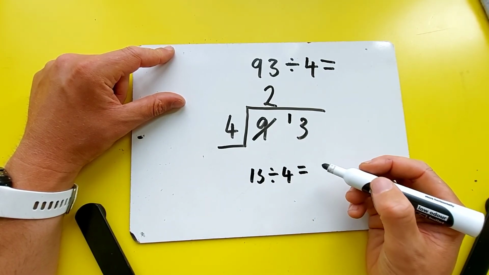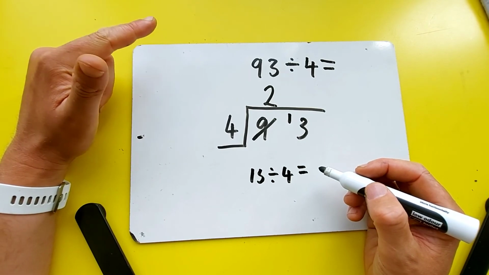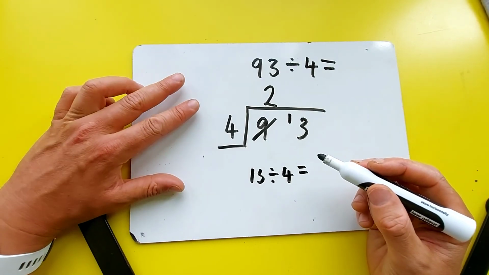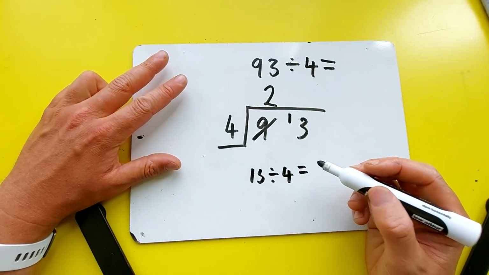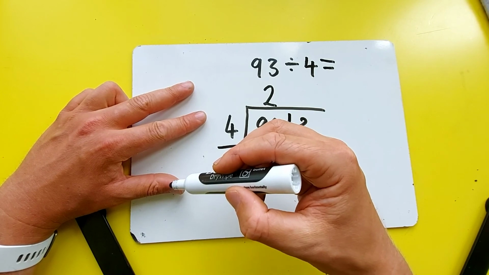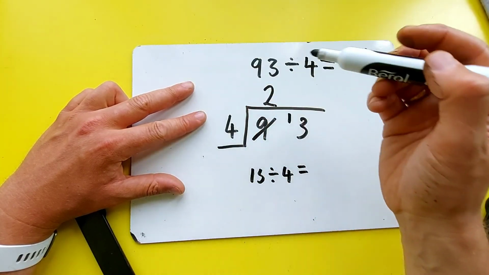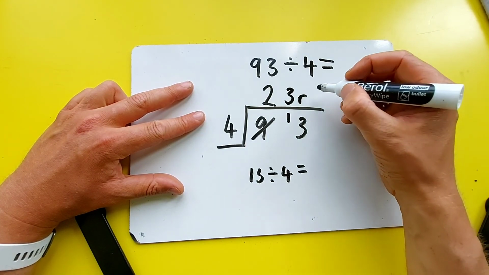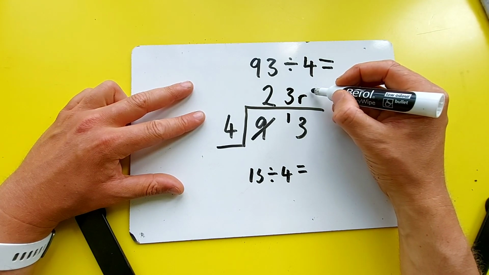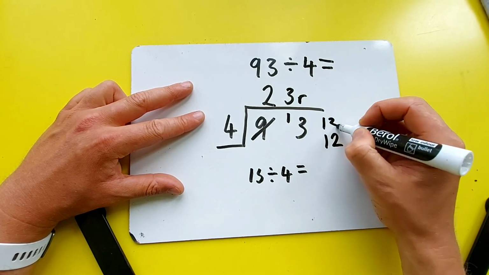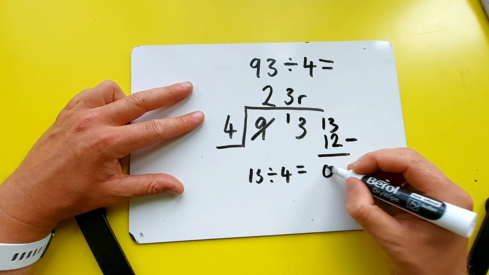So now I'm thinking 4, 8, 12, 16, not going to be 16, that's too high. So it must be 12 I want, so 12 is the closest one, but then I'm thinking about how many jumps. 4, 8, 12, so it's 3. And then I'd have a remainder of, what would I have a remainder of? So if it's 12 and I had 13, I'd quickly subtract it, 1.